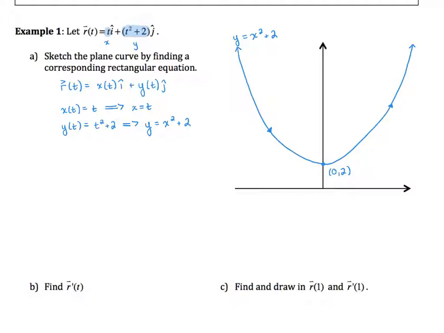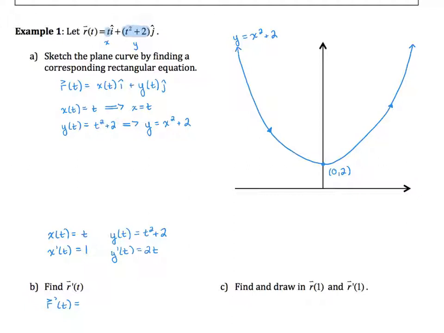So r prime of t will be, and I'm just going to do a little bit of work right above this since I have the room, if x of t is t, then we know that x prime of t is 1. If y of t is t squared plus 2, then we know that y prime of t is 2t.